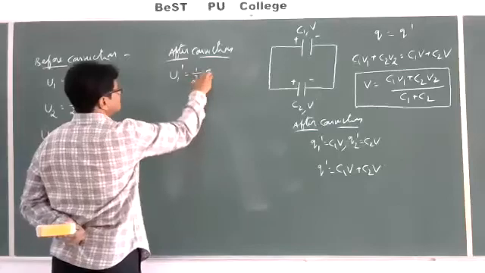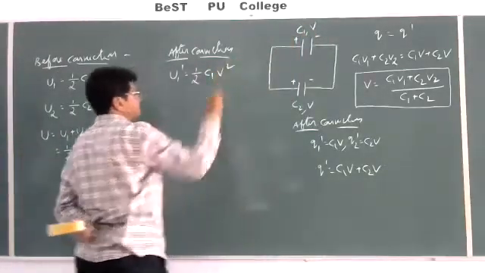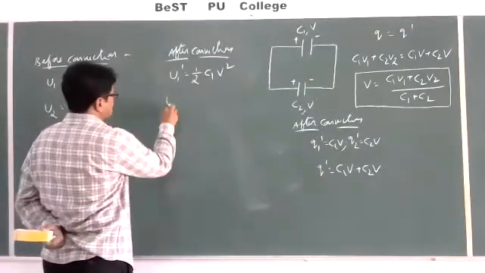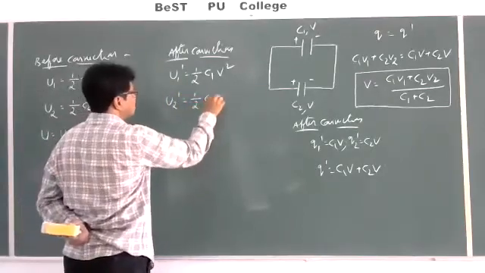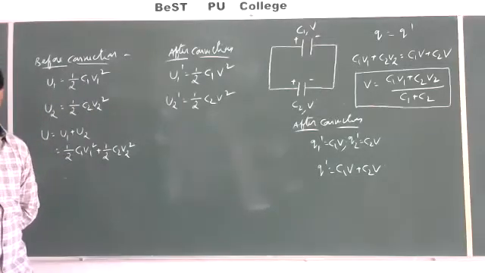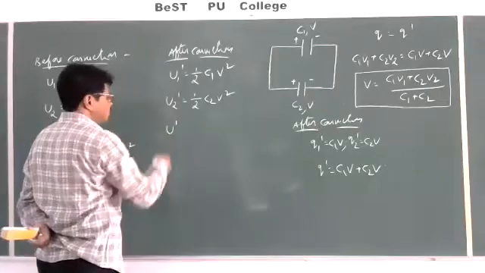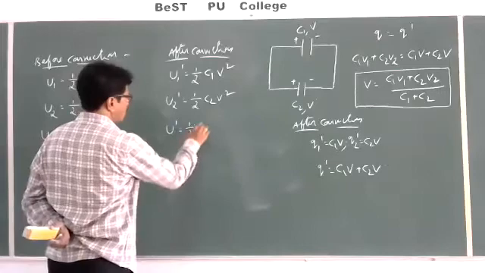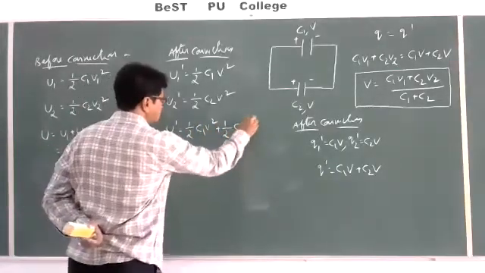Half C1 V square, since the potential is V. The energy stored in the second capacitor, U2 dash, is half C2 V square. Then the total energy U dash after connection is equal to half C1 V square plus half C2 V square.